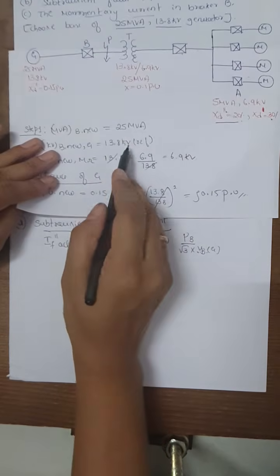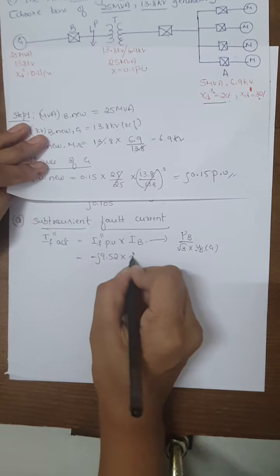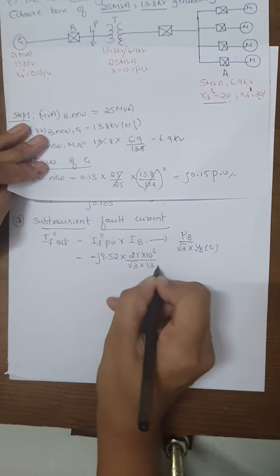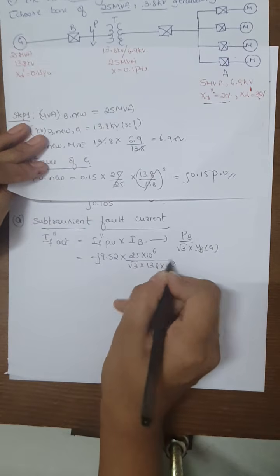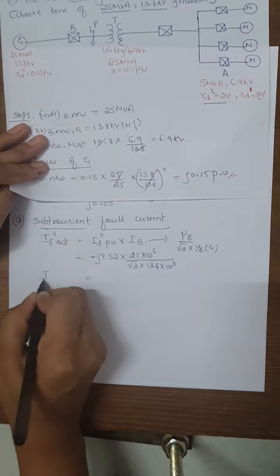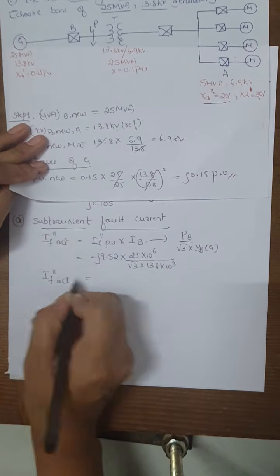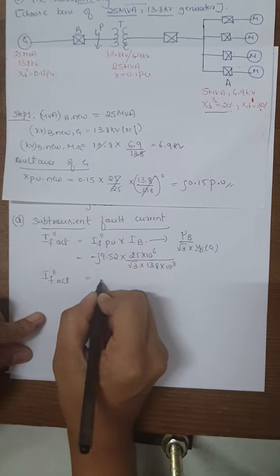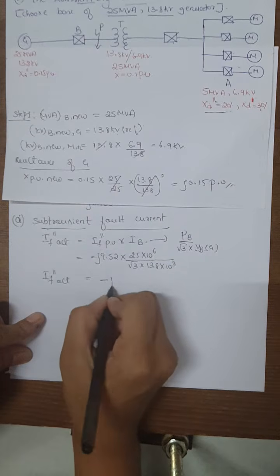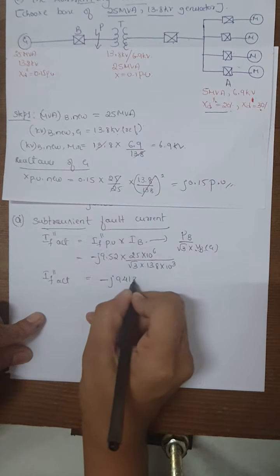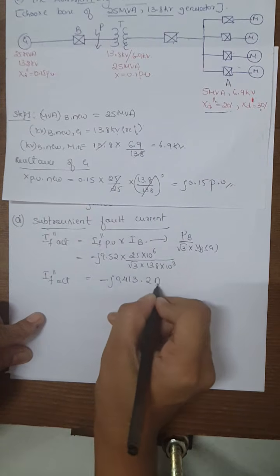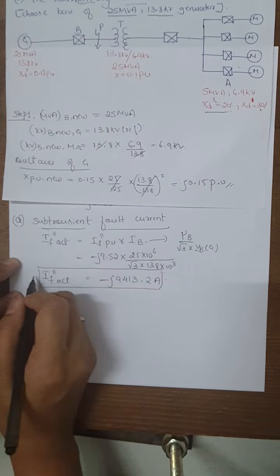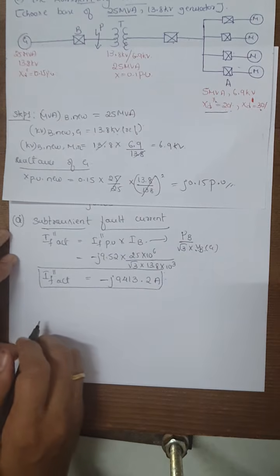P base is 25 MVA, and root 3 V base is 13.8 into 10 power 3. After the substitution, we get the answer for the first question as minus J9413.2 amperes. This is the subtransient fault current at the fault point.